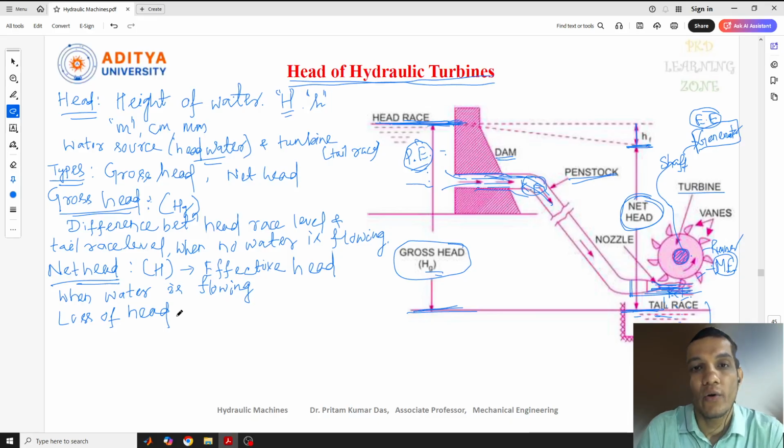And why will this loss of head occur? Due to friction between the pipe, or penstock, and the water.